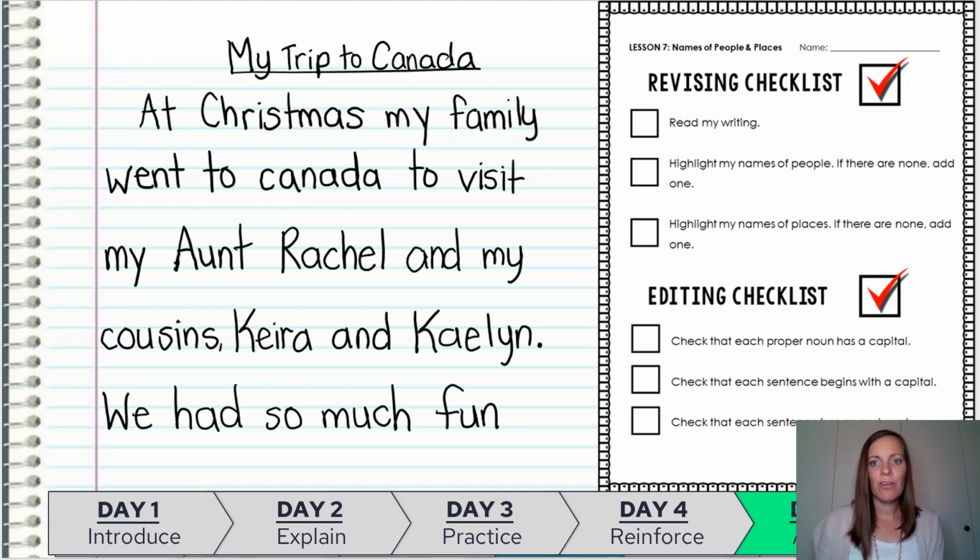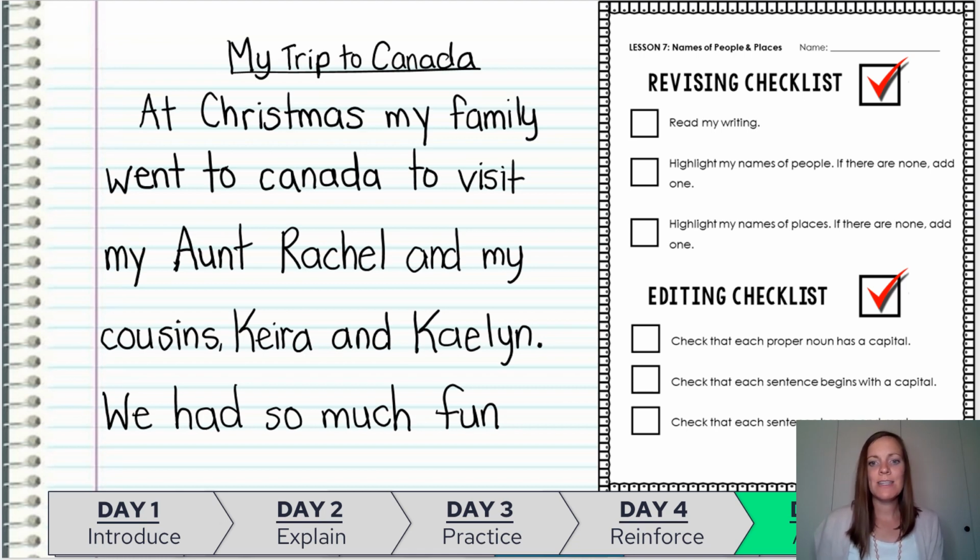And then I have created a revising and editing checklist that is all about proper nouns because it is so much more helpful for our students to just have one targeted grammar skill you're revising and editing for. I used to have the tendency of putting like 10 items on my revising checklist where they had to check all these different things that I've taught them throughout the year already, but that can be overwhelming and just unfair to expect all that of our students.